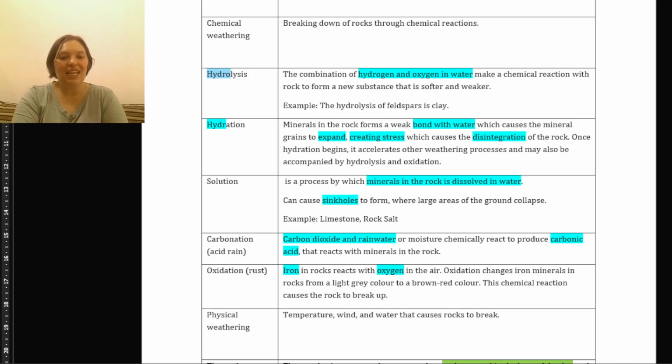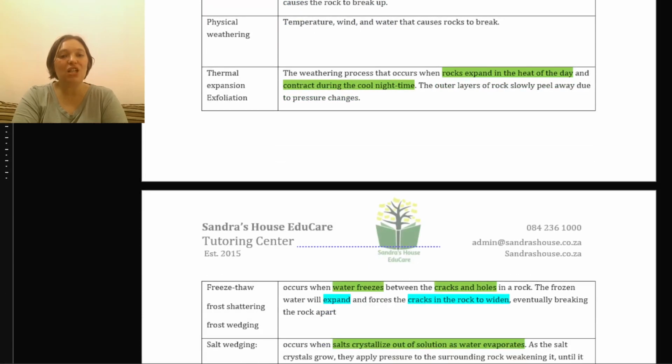Right, then the next one is physical weathering. Physical weathering happens through temperature changes, wind and water, which causes the rock to break down. The first one I've got here is thermal expansion. Thermal has to do with temperature, expansion, expand, and then the other word here, exfoliation, is basically the outside peeling off.